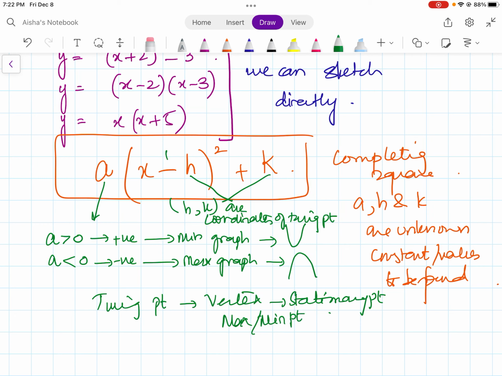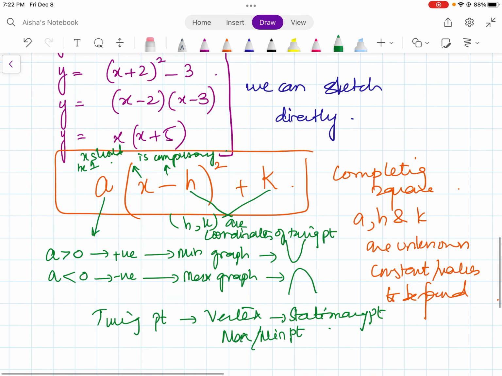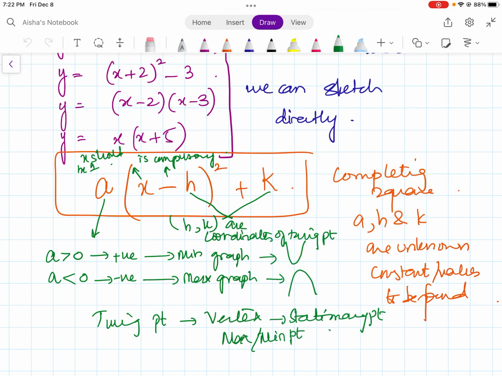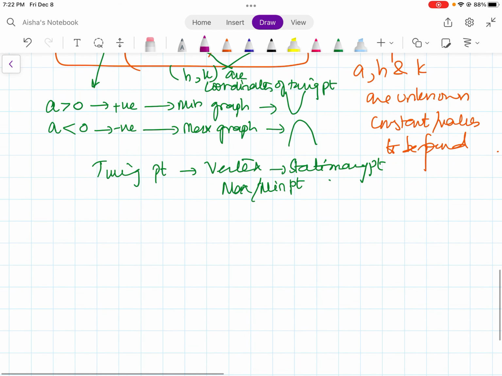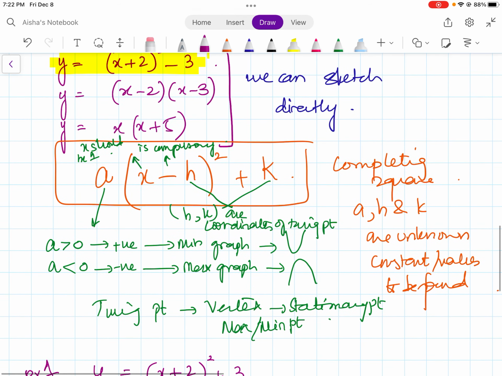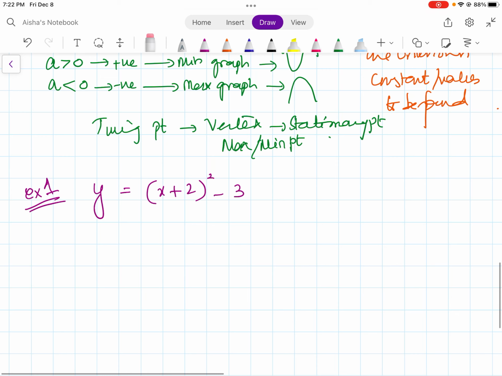The minus is compulsory and x should be 1, that means the coefficient should be 1 here. Now let's look at this equation and let's plot this one. So this is x plus 2 the whole square minus 3.